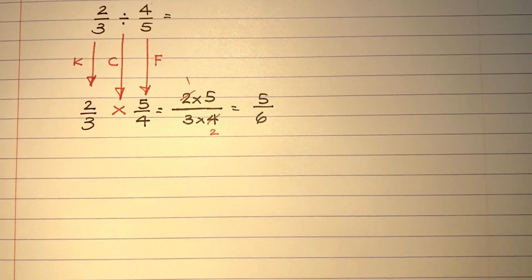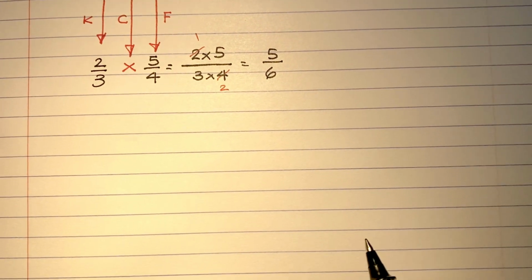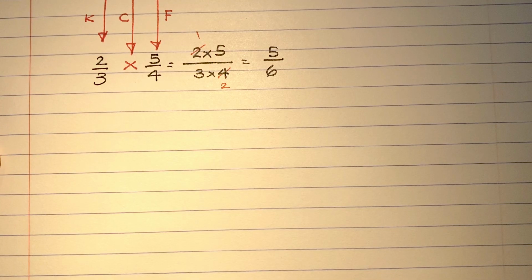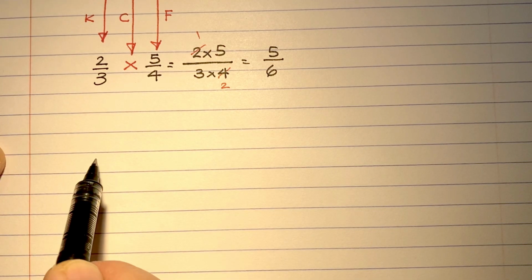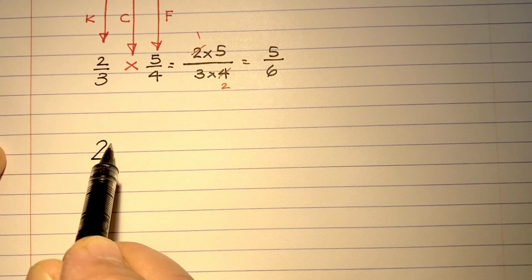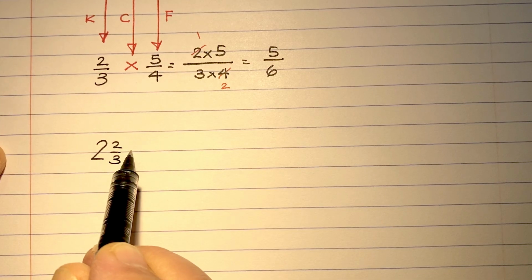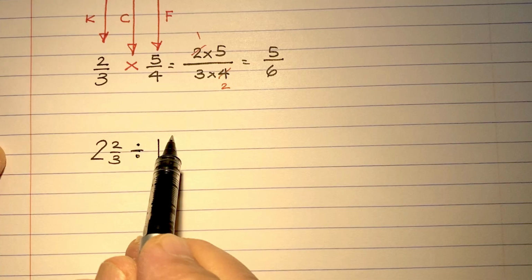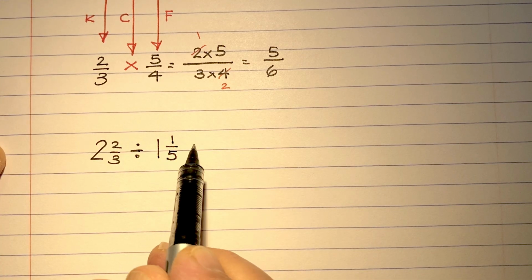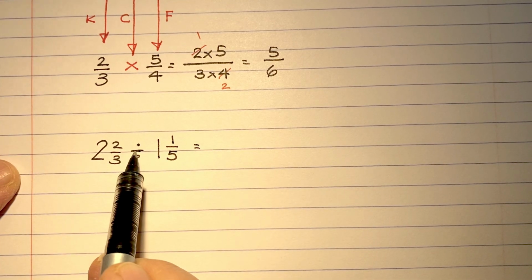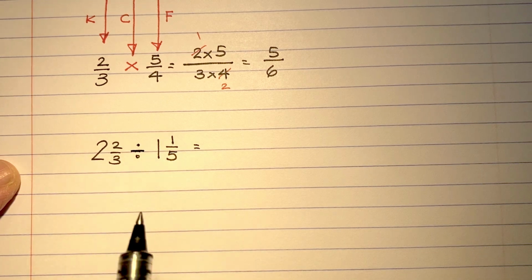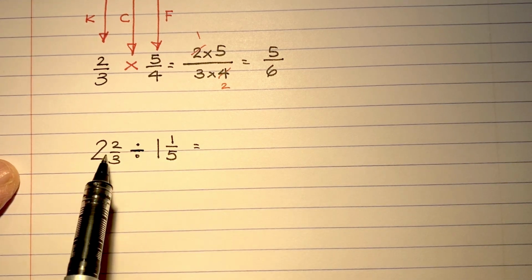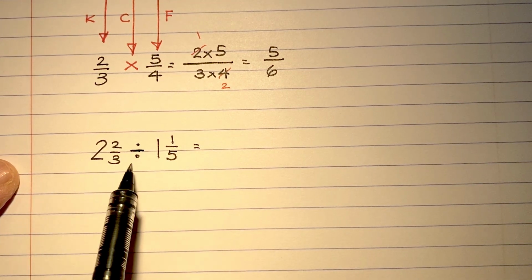Let's do a more difficult one. Say you divide 2 and 2/3 by 1 and 1/5. We have a few problems here. Both numbers are mixed numbers. Cannot deal with mixed numbers.